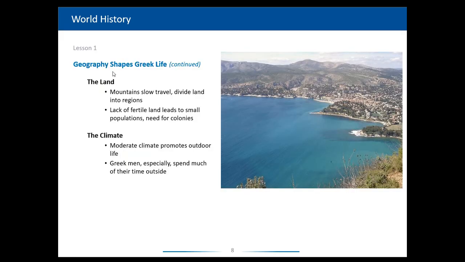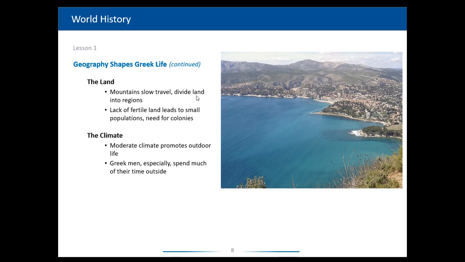The geography shapes Greek life. The land: mountains slow travel in ancient Greece because of the mountain areas. It's difficult for people to travel fast. The mountains also divide the land into regions. Lack of fertile land leads to small populations and the need for colonies.